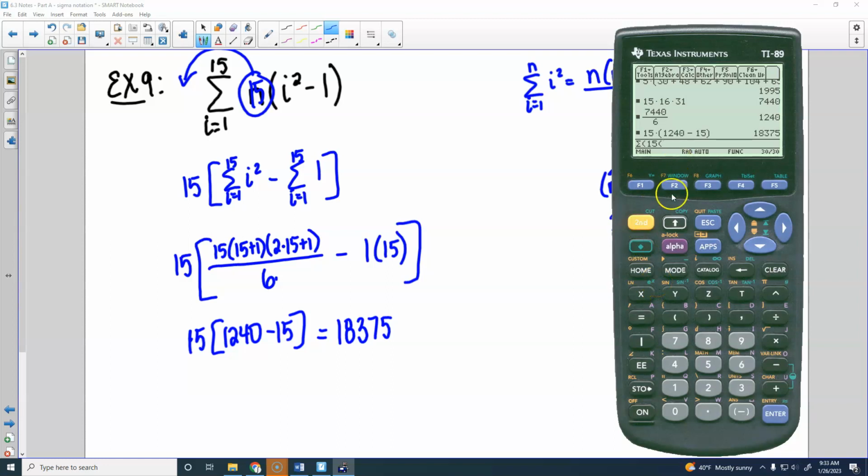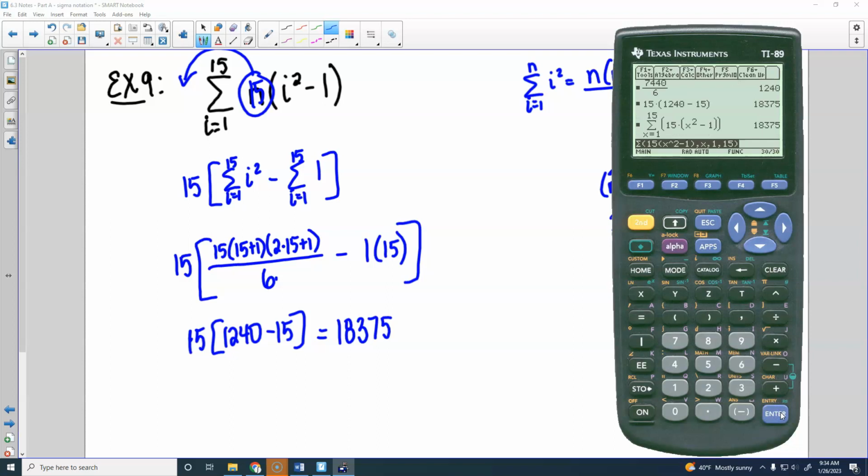I don't think we use the I in the calculator. I think we need to use the X, but I'm not 100% sure. I can't remember. Okay. So you're going to type in your formula, and I believe it's comma X, comma 1, comma 15. Let's hope it works. It's been a while since I did this.